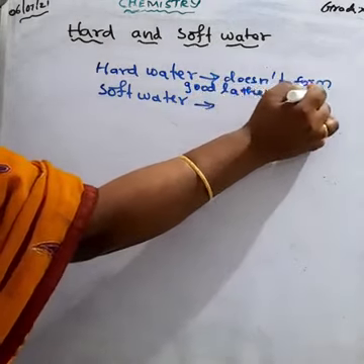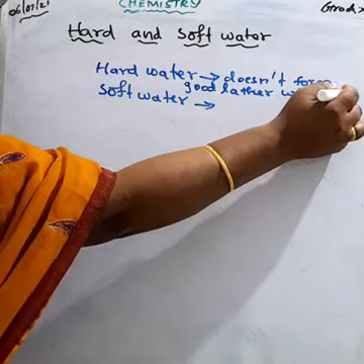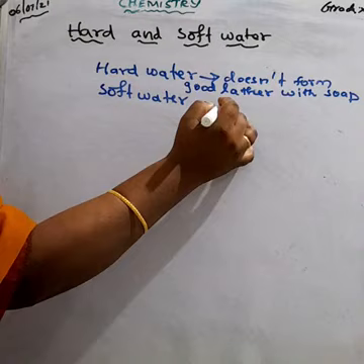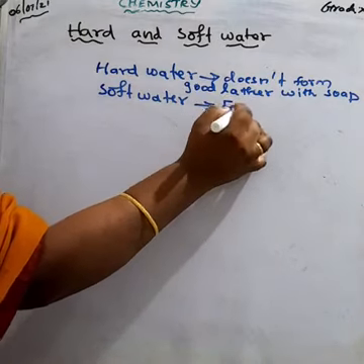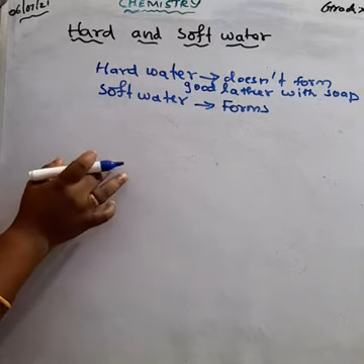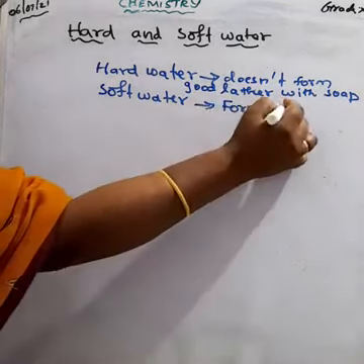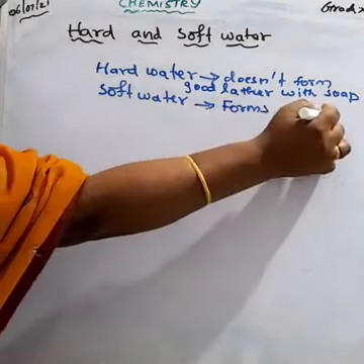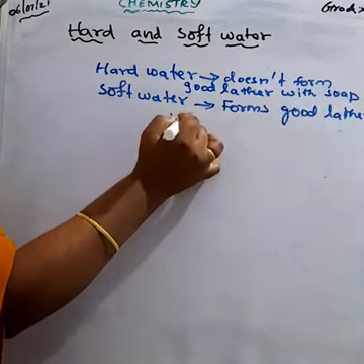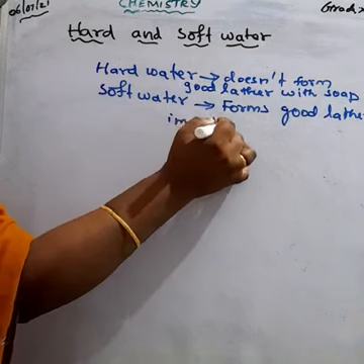Soft water means, if we are using soft water for washing the cloth, when we apply the soap on the cloth, it forms good lather immediately. That water we call soft water.